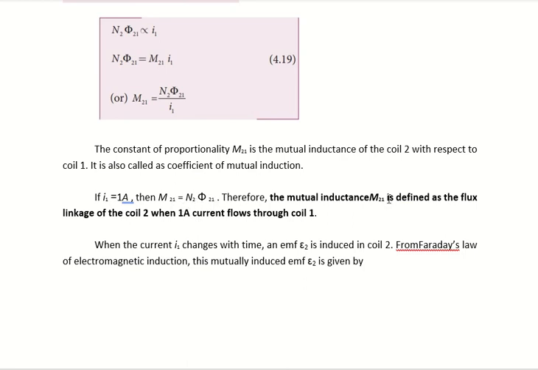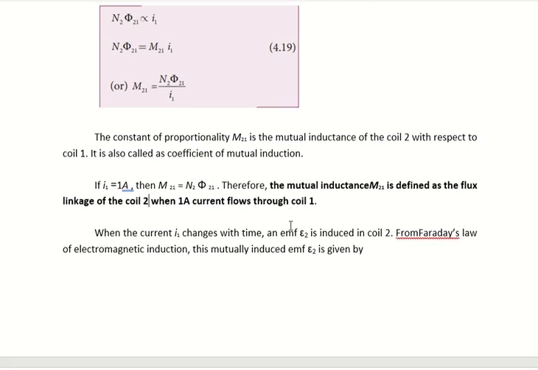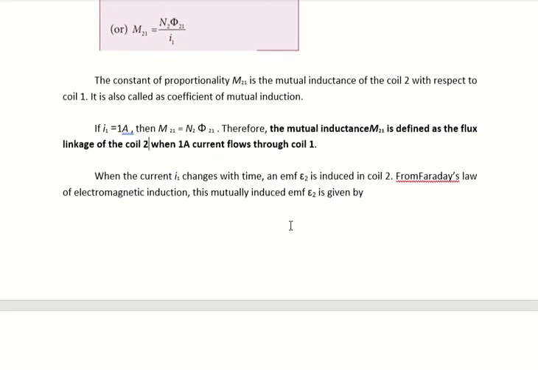So therefore mutual inductance M21 is defined as flux linkage of coil 2, this is N2, flux linkage of coil 2 when a current of 1 ampere flows through coil 1. That is the definition of mutual inductance. If you pass 1 ampere current in the first coil, then the flux linkage in the second coil when 1 ampere current flows through the first coil is known as coefficient of mutual inductance.